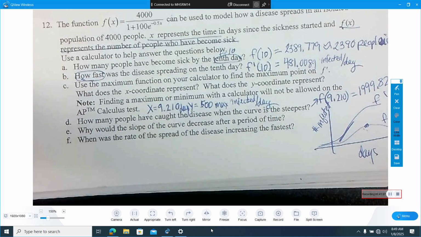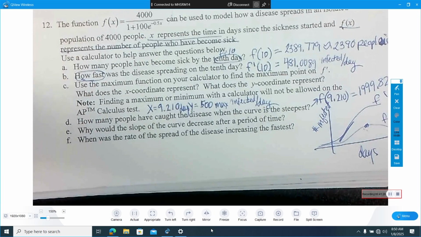Graphically, all right, so the fastest increase of the rate of spread. So we are looking at the rate of spread, and then where is that increasing the fastest? That's a rate of a rate.